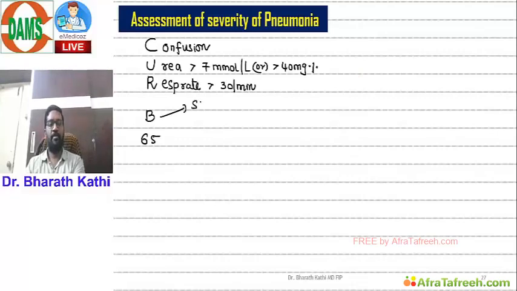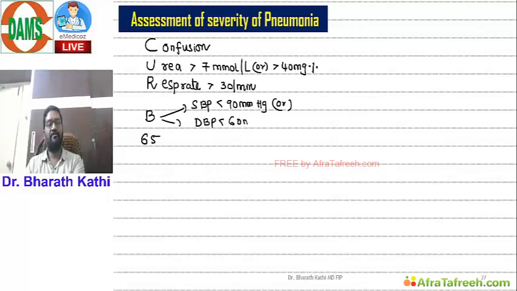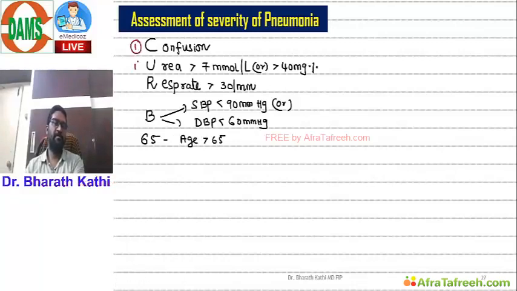B for either systolic blood pressure less than 90 mmHg or diastolic blood pressure less than 60 mmHg, and 65 is age more than 65. For each of these parameters, if it is present, we give 1 point.